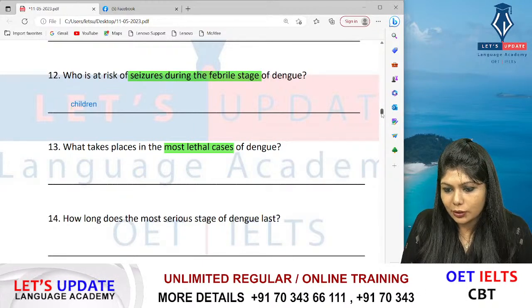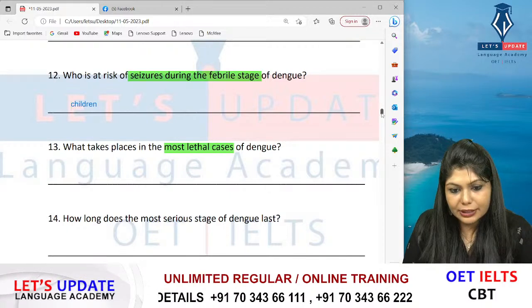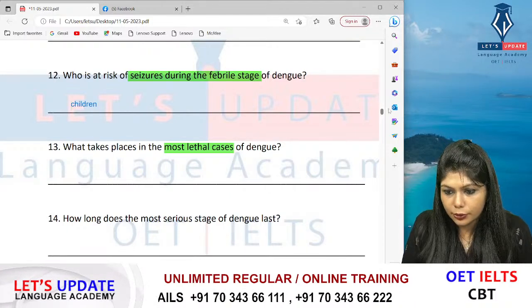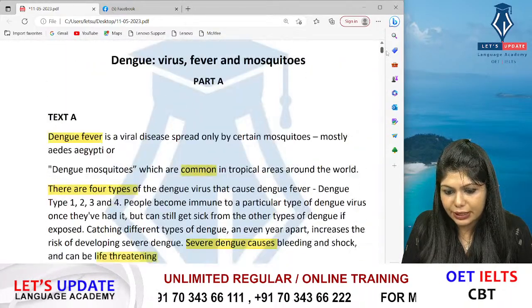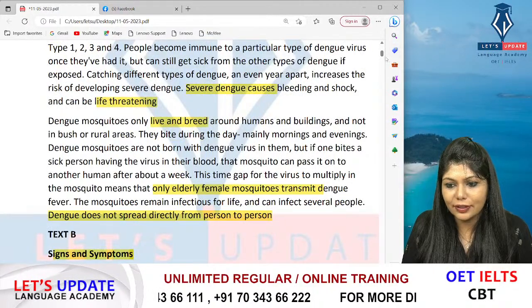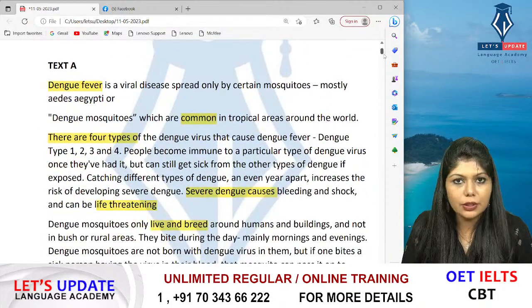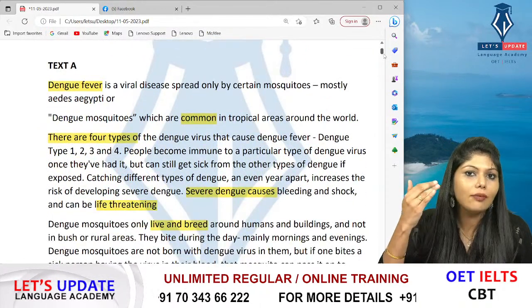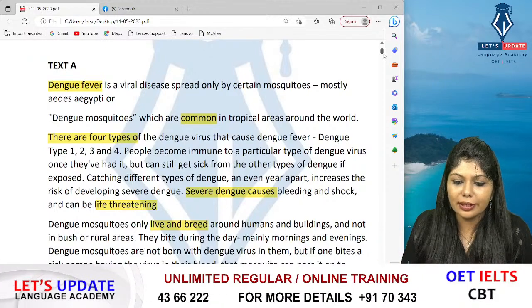Okay, so if you could remember where this information is from, it was from the very first part where we discussed about the severe cases also and life threatening. When you just look at this information, you can see that we have already highlighted all the relevant things, and this is among those relevant information.